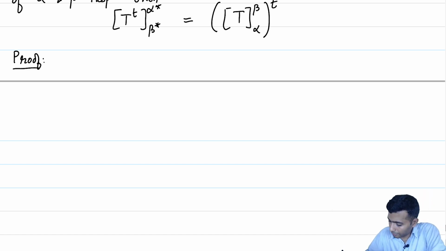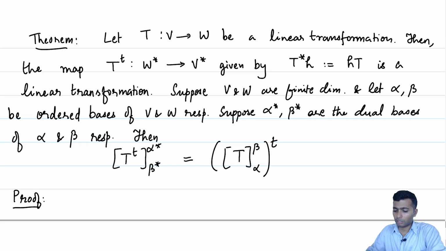So, let me show you the statement once more. The first part said that if you define T transpose of H as H composed with T, then it is a linear transformation from W star to V star.